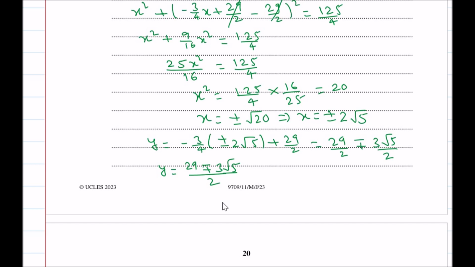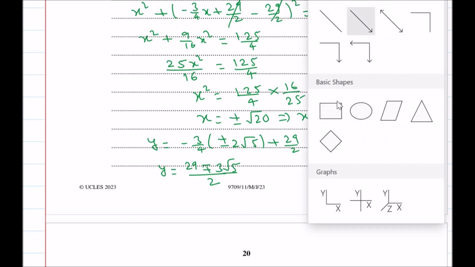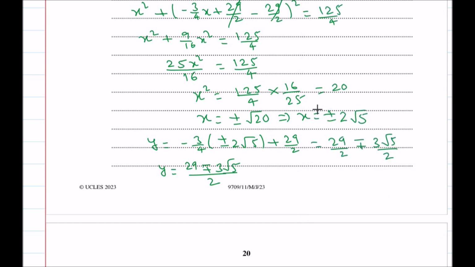So the x coordinates are just plus minus 2 root 5.